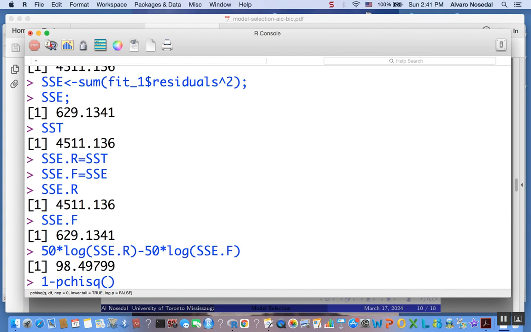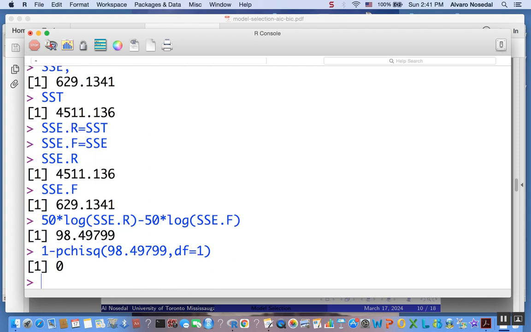So that's why we need to find the complement, 1 minus. We want the area to the right of 98.49 roughly, with how many degrees of freedom? 1 degree of freedom. So for practical purposes, we knew that it was going to be 0, basically.